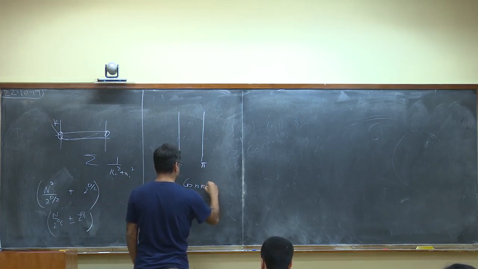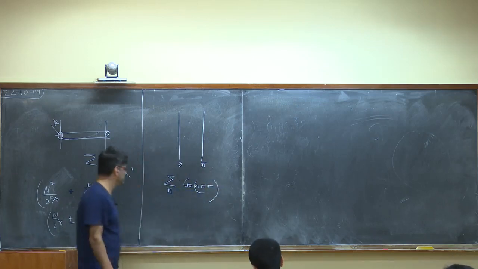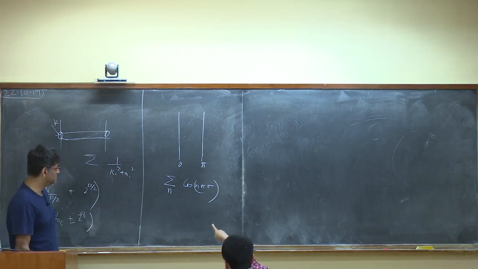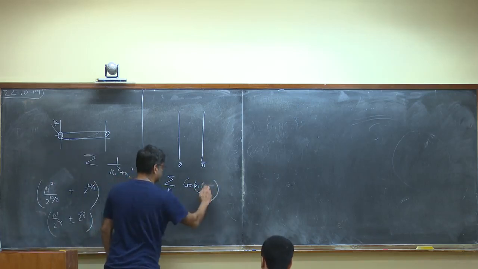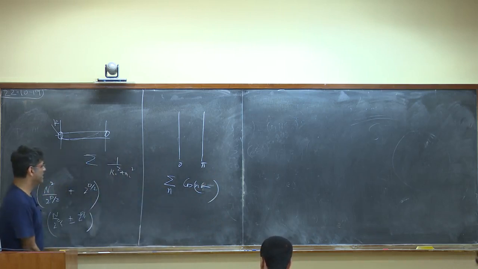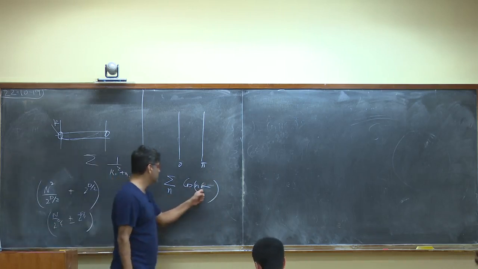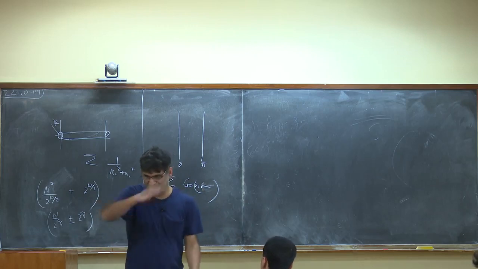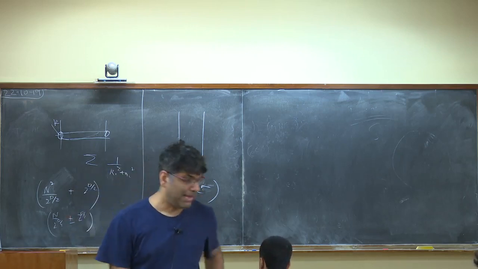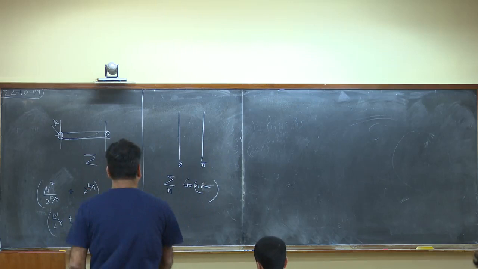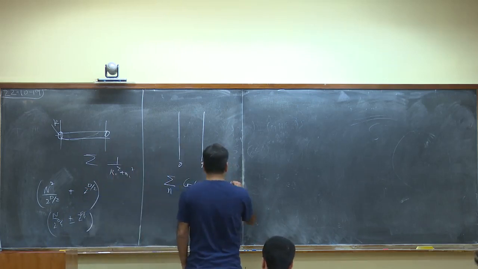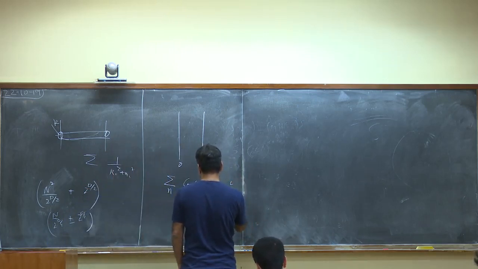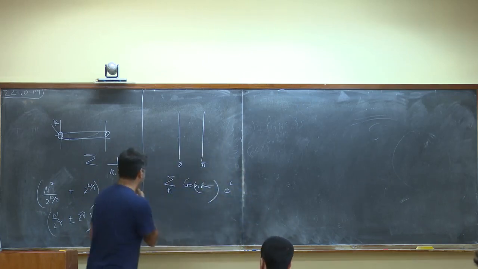Since sigma is from 0 to pi, it's cos n sigma. So when sigma is 0, we always get cos, and when sigma is pi, it's also like cos around there. And then we have some e to the power i, then the time dependence.